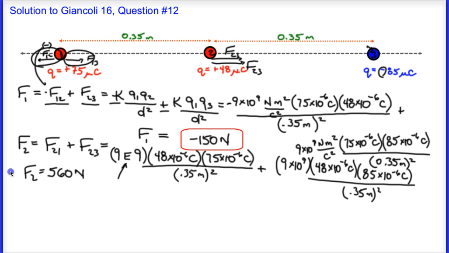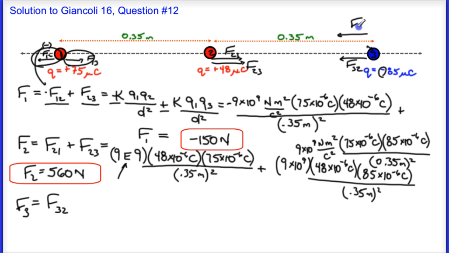So now, two-thirds of the way through, I found the net force on 1, and I found the net force on 2. Let me go ahead and at least set up this last one, the net force on 3. The interaction between 3 and 2 is going to be attractive, so that means that charge number 2 is going to be pulling this to the left. So F32 is to the left. And I could also say that the interaction between 3 and 1 is also to the left, F31.